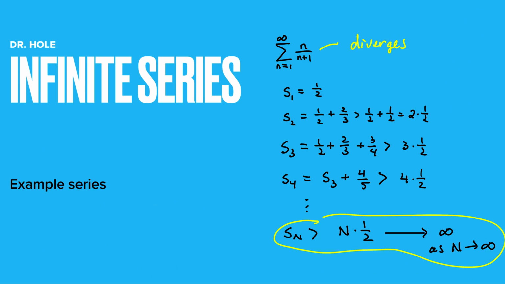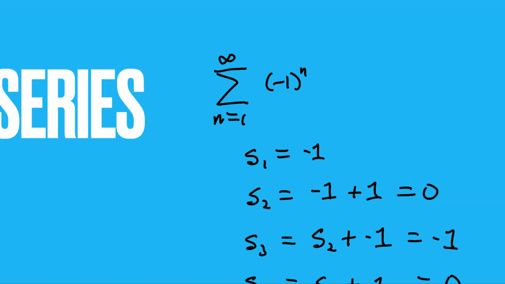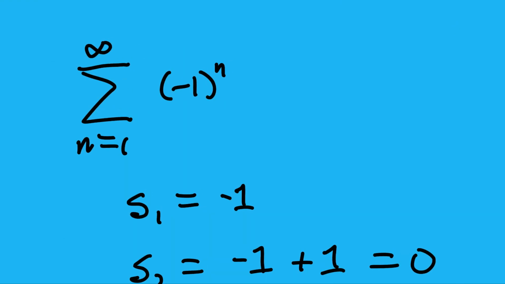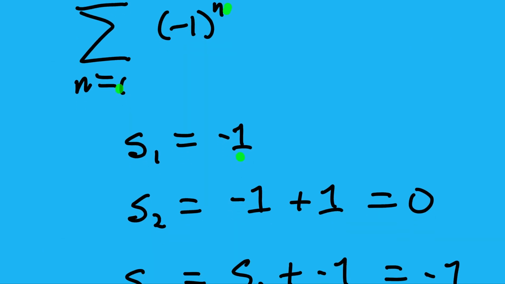Nice. Try an even easier one. Let's say we have an infinite series where our sequence is -1 to the n. When n is equal to 1, we'll get -1. n equal 2, we take the first term, add in the next term, comes to 0.